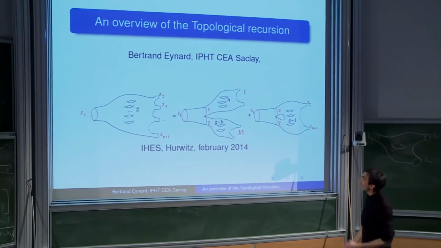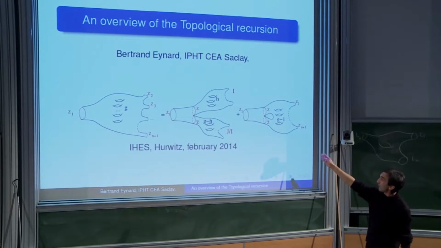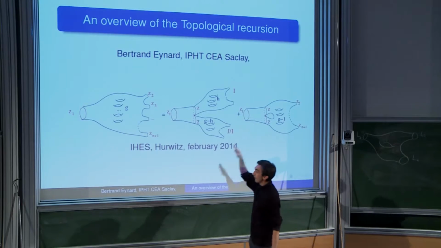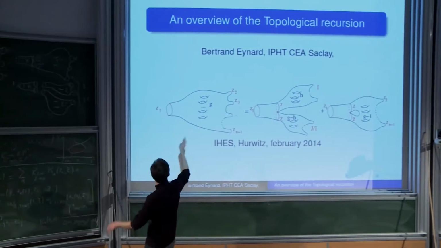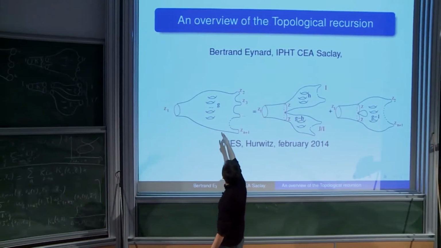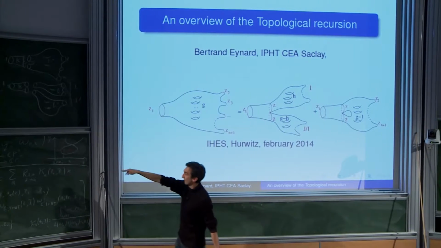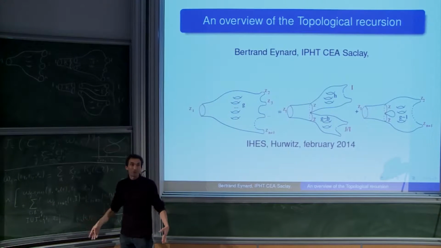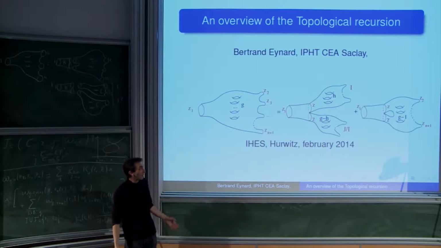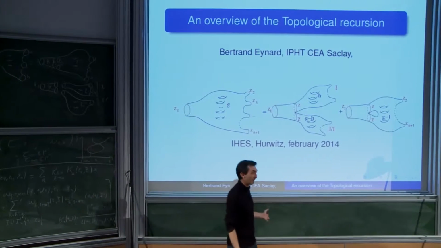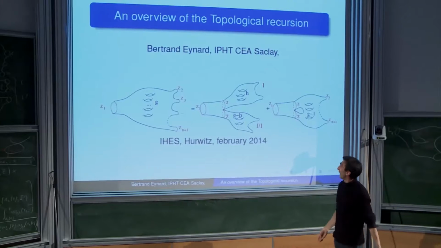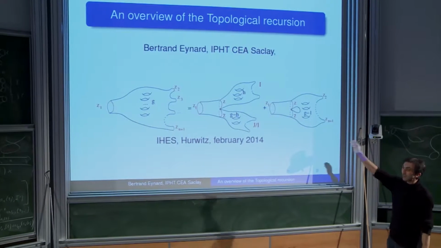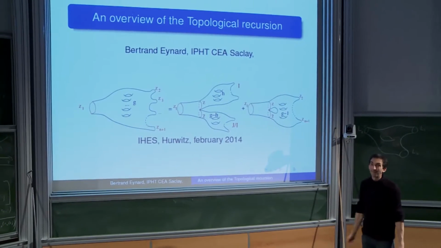What would be really interesting is to see whether that picture, which is only a way of encoding the equation. So basically, you associate to each piece of the picture a term in the equation. It's just a graphical representation of the equation. What would be really nice, but does not exist at the moment, is a geometric meaning to that picture.